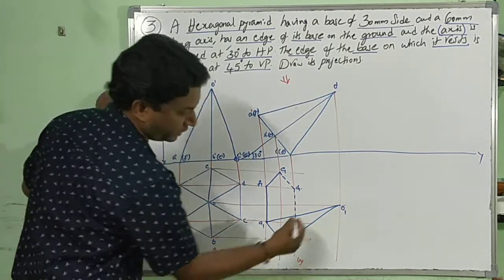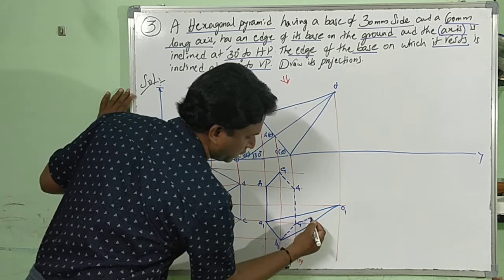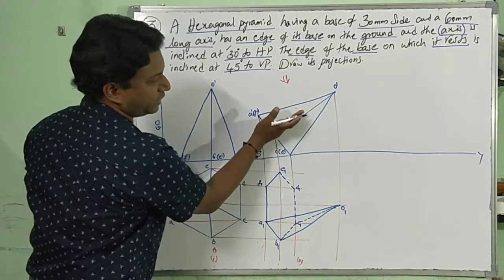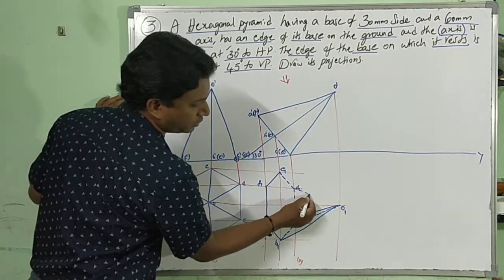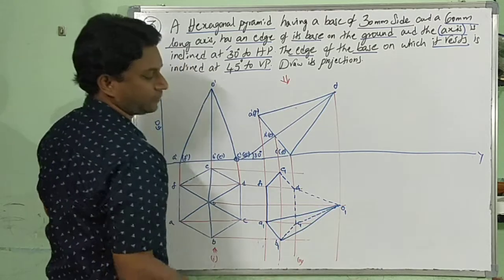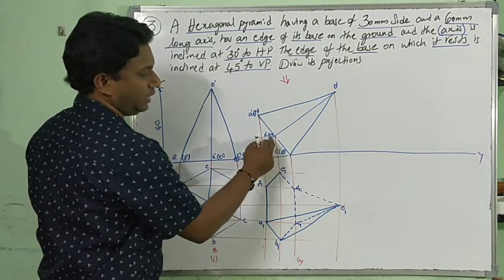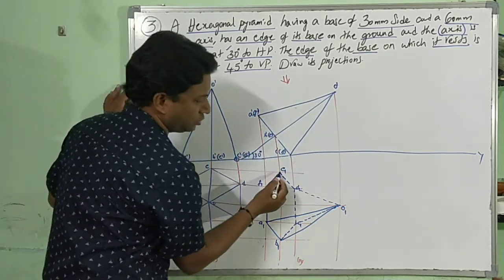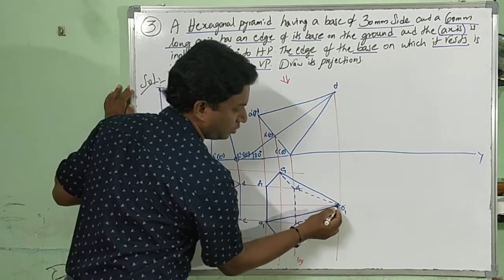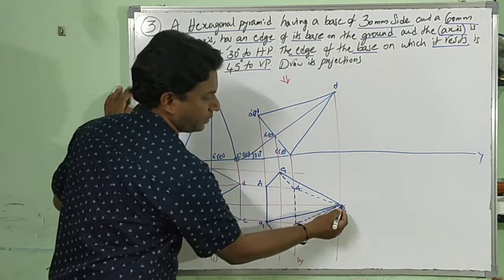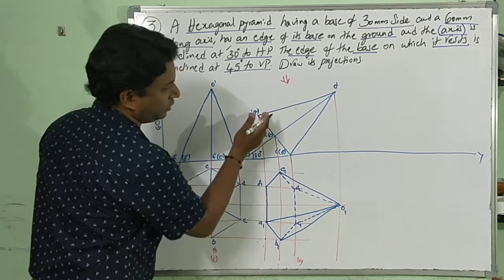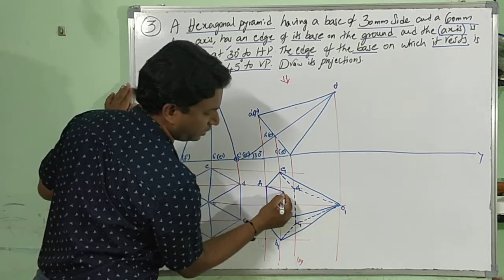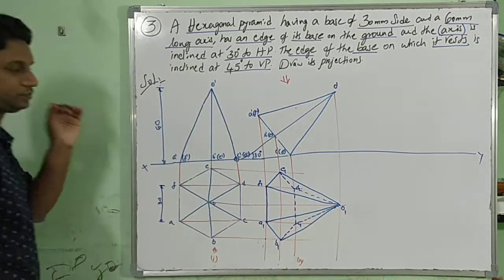C dash O dash is below, so it is hidden. D dash O dash is below the half line, so it is hidden. E dash O dash is visible, the half line also is visible, so E1 O1. Now, as F1 is above the half line, F dash O dash reflects F1 O1, a completely thick line.